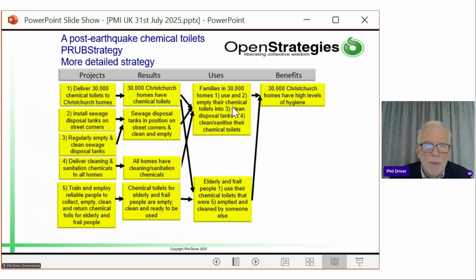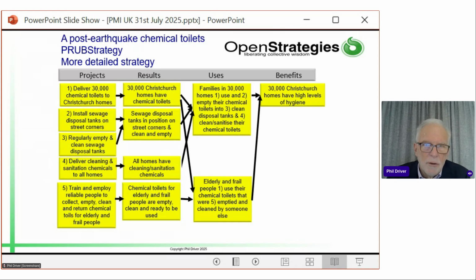Each time we expanded and understood the use, it made it very, very clear what projects and results were required. So this is simplistic. I could go into much greater levels of granularity about how you fix the toilets when they go wrong and so on. But this was just used as an example to show you how important understanding the uses is.